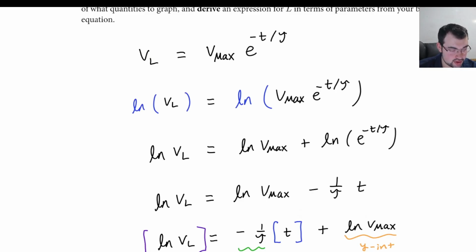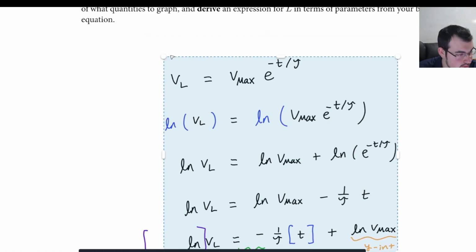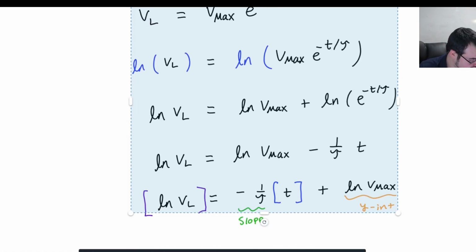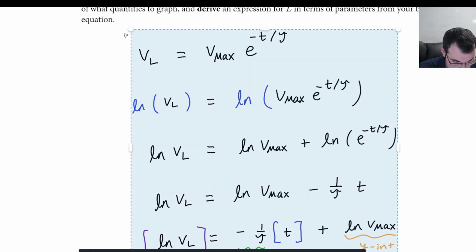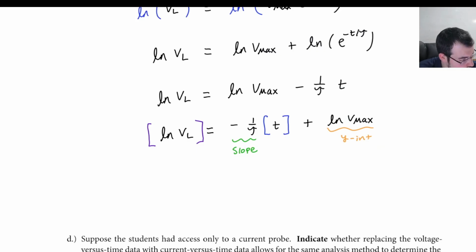So we haven't succeeded yet. We have to describe what to do with this. I've taken up a lot of space, so we're going to shrink this a bit. Move it up, I need more space. So what do we have to do? Well, we have to graph ln of V across the inductor versus t.